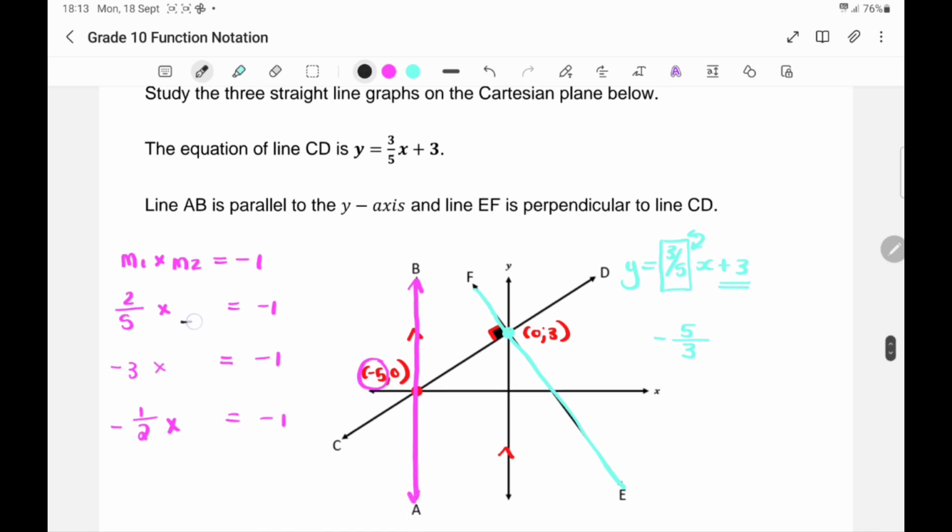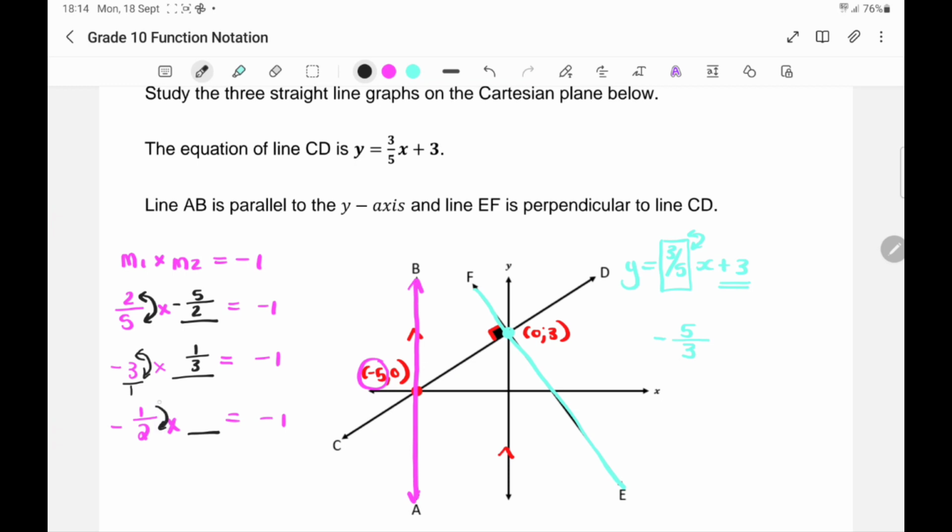So how do we get the perpendicular gradient? You swap it around, which is 5 over 2, and a positive becomes a negative. Can you see if you multiply those two, you'll get negative 1. Same over here. Force it into a fraction, swap it around, a third, a negative becomes a positive.